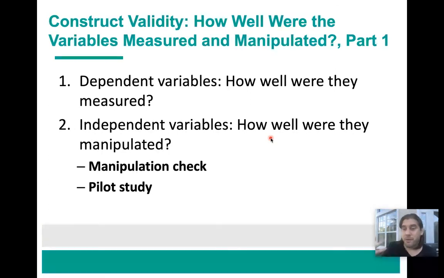Versus if I have people in Winnipeg, my manipulation needs to make sure they experience Winnipeg. I don't know. What do people in Winnipeg do? Go play hockey, right? Ice skate. Check out the cool indie rock scene that may or may not exist in Winnipeg. You have to let them experience the independent variable, right? The place, Winnipeg.